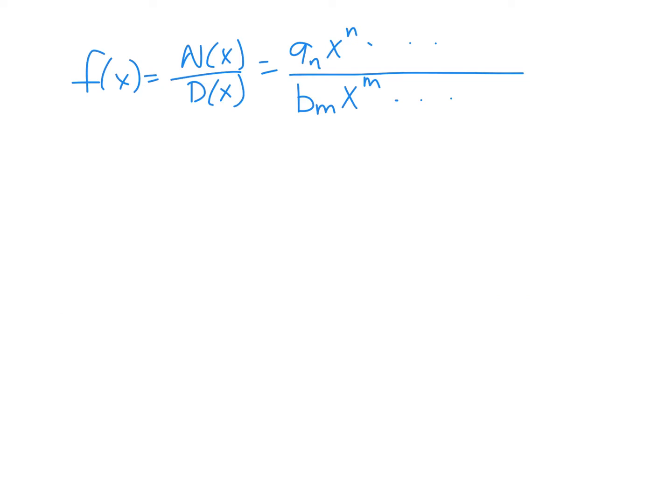Alright, so let's say for this rational function we have this polynomial function up here. I didn't write it all out, but let's just say it's this polynomial function for the numerator and denominator.